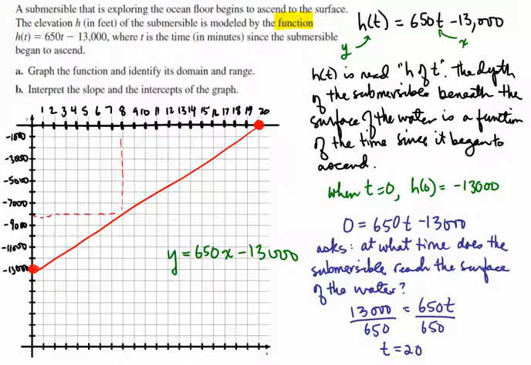So I've graphed the function, and the next thing it asks for is to identify the domain and range. Now, the domain is a specific terminology related to functions. The domain is the set of all possible input values. Well, input values here are t.